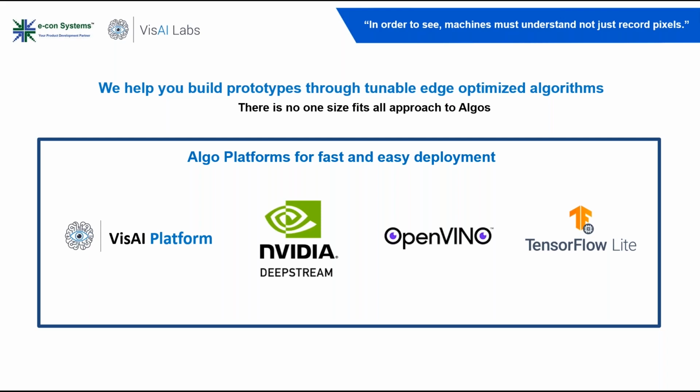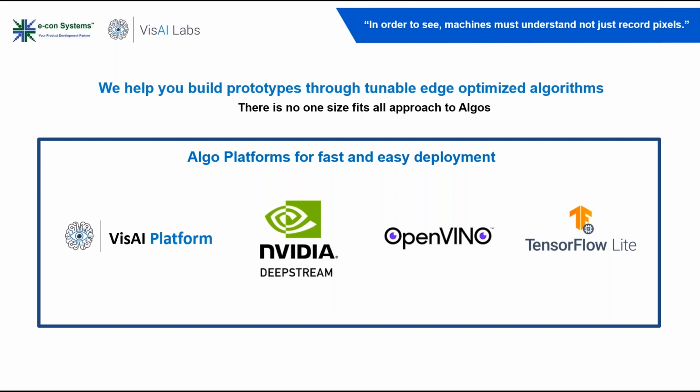NVIDIA has recently released a transfer learning toolkit using which a pre-trained model can be further trained for a particular use case and can be deployed for that use case. The next framework is OpenVINO, which is developed by Intel, but it doesn't come with a transfer learning toolkit.